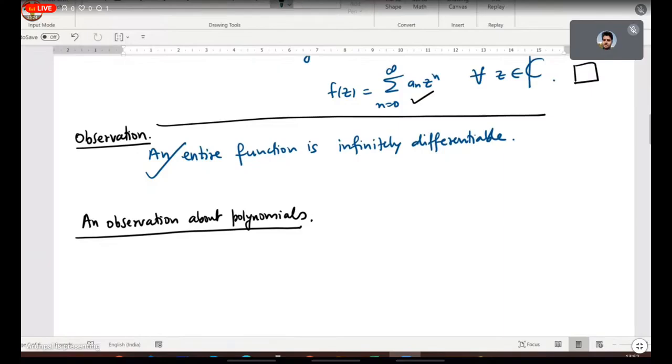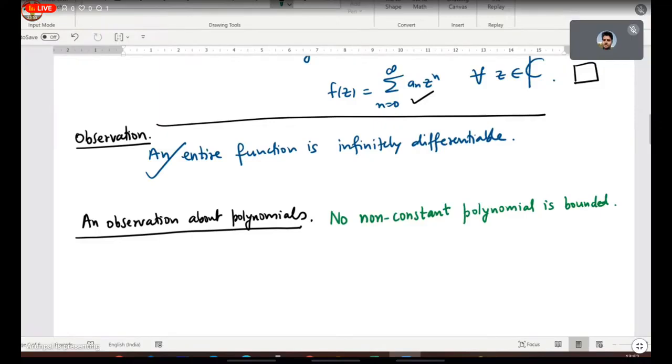This is a very important thing, that no non-constant polynomial is bounded. Right, class? Yes, sir.